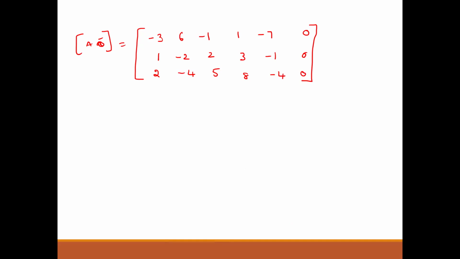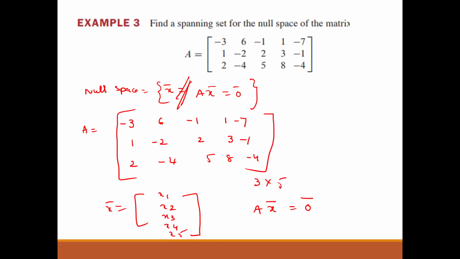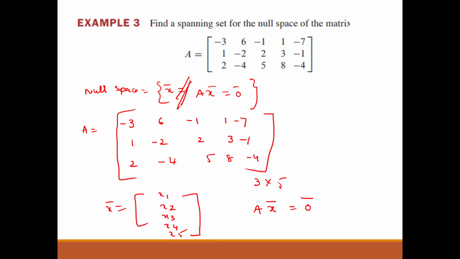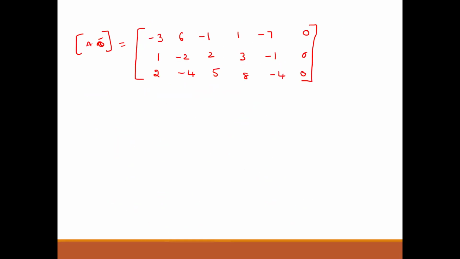Now we are going to change it to echelon form. So once we check the matrix: minus 3, 6, minus 1, 1, minus 7; 1, minus 2, 2, 3, minus 1; 2, minus 4, 5, 8, minus 4. Okay. Now I want to change it into echelon form. I'll do one thing. I will interchange the rows.